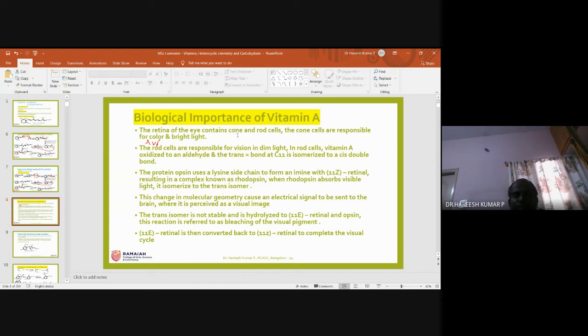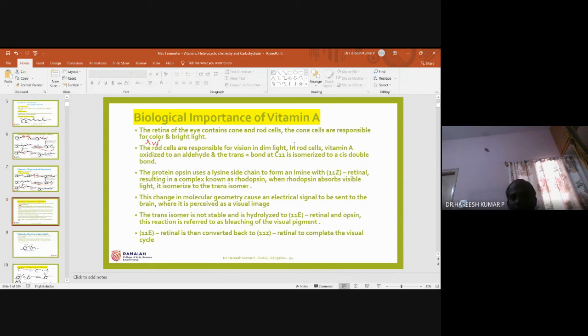That means cone cells are responsible for the vision in presence of sunlight and in presence of color. Color identification and light identification can be done by cone cells, whereas the rod cells are responsible for the vision in dim light. Dim light means during the night duration. So rod cells are responsible for the vision in dim light.